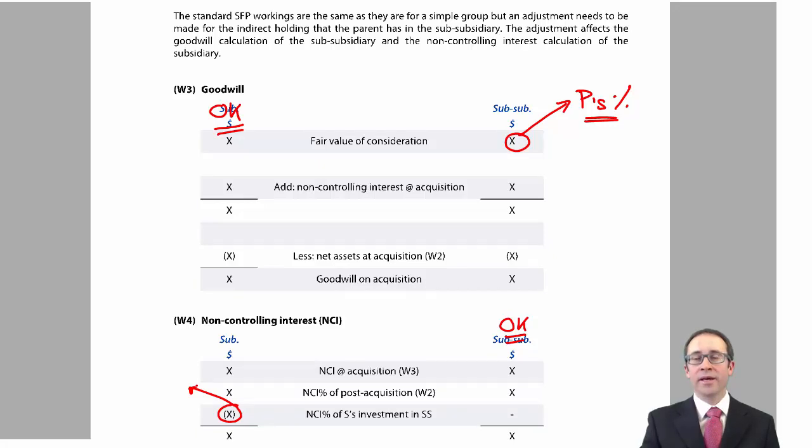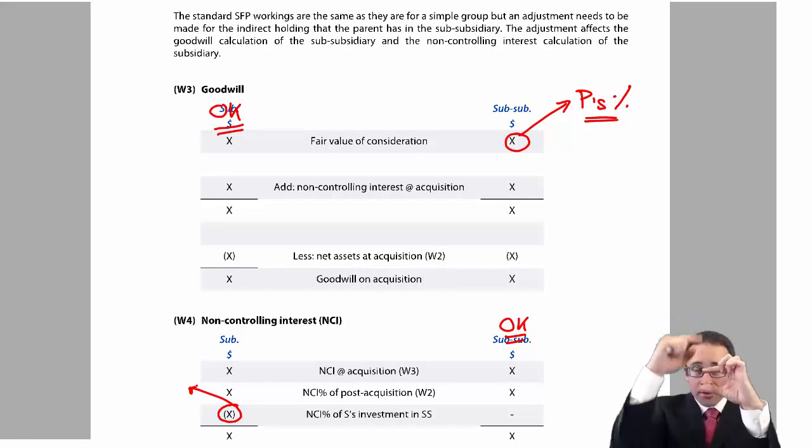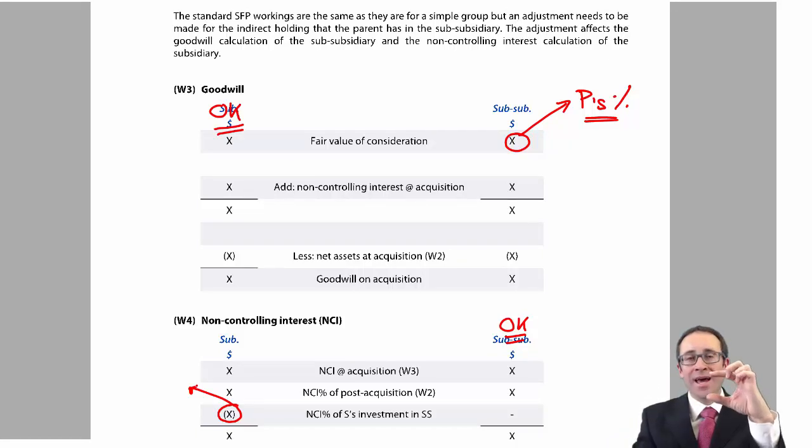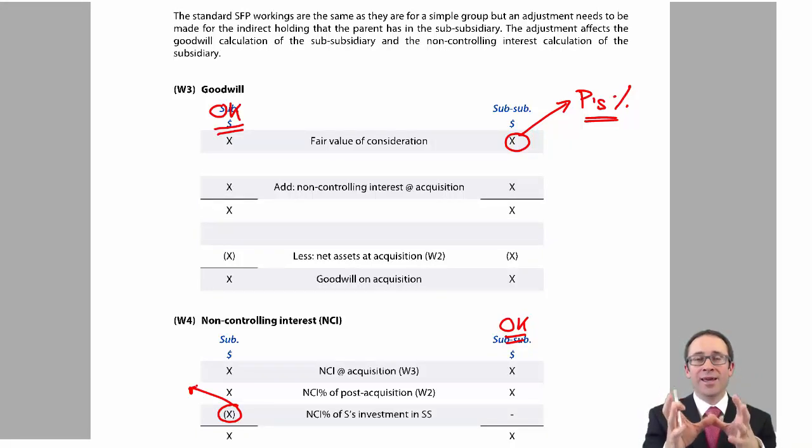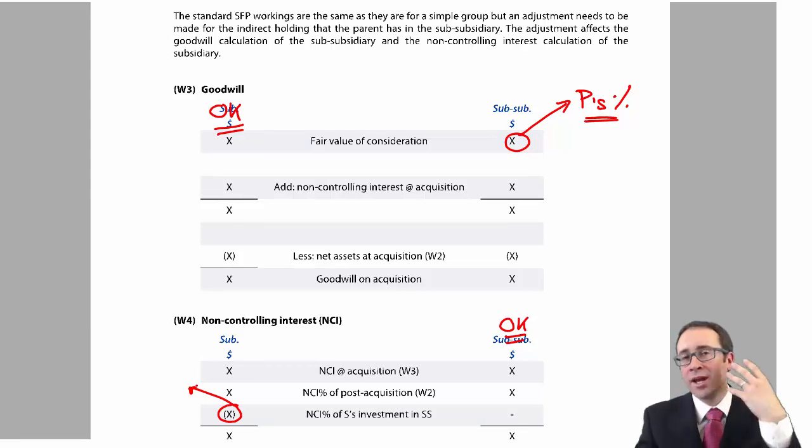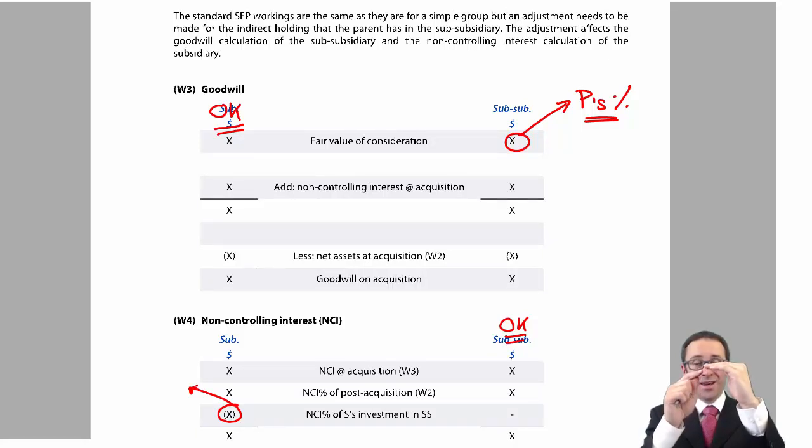What you've got there is we need to work out the non-controlling interest in the subsidiary. So parent, sub, sub-subsidiary. So we want the non-controlling interest in here, don't we? We only want it as the NCI in the sub. We want nothing to do with the sub-sub, do we? So we just want to look purely at the NCI in the subsidiary. Now there's just an issue, isn't there? Because what sits in the sub is the investment in the sub-sub. So what we need to do is to calculate the NCI in the subsidiary.